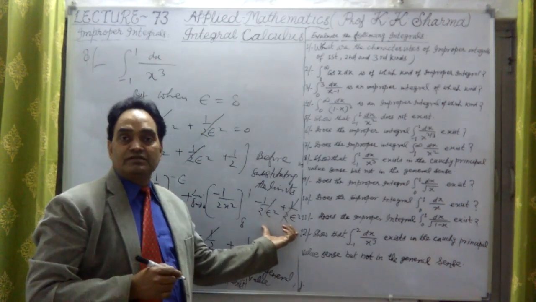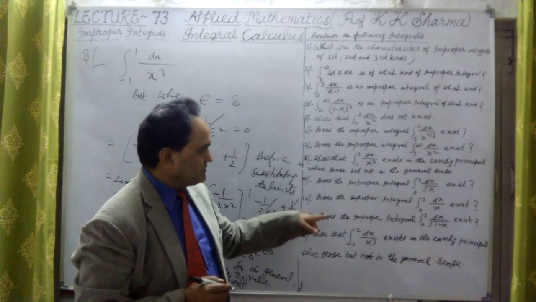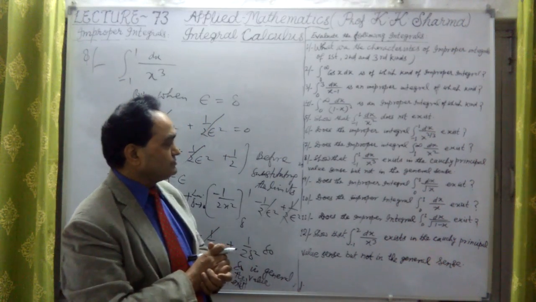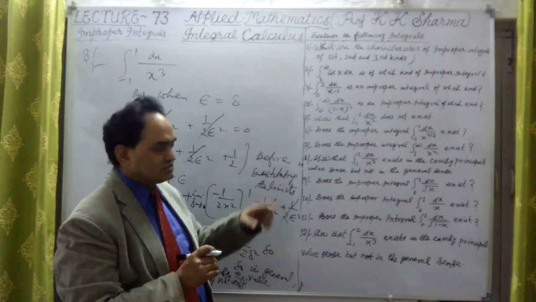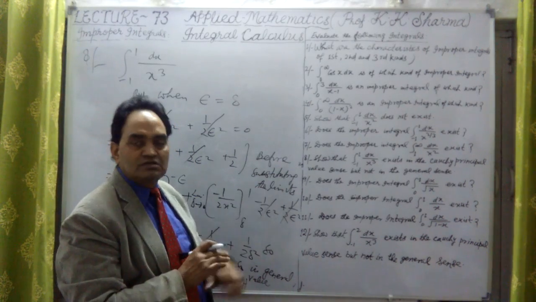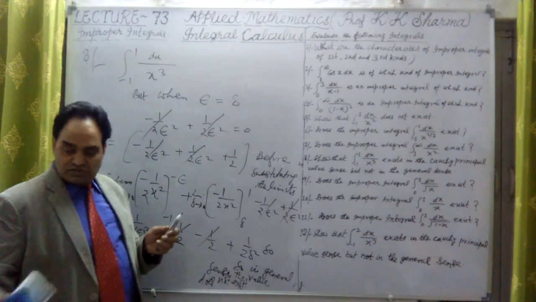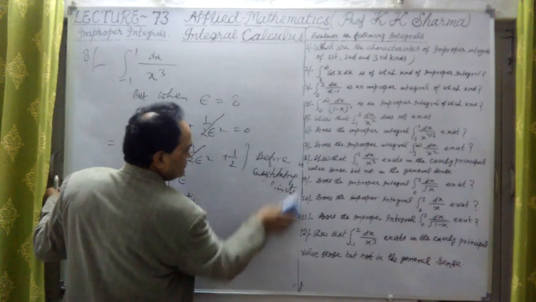So it is not infinity in that situation. Infinity is cancelled out. That means in the principal sense, the value exists, but not in the general sense. So this exists in the Cauchy principal value sense, but not in the general sense, because in the general sense the value is infinity. So that is what we call existing in the principal sense but not in the general sense.